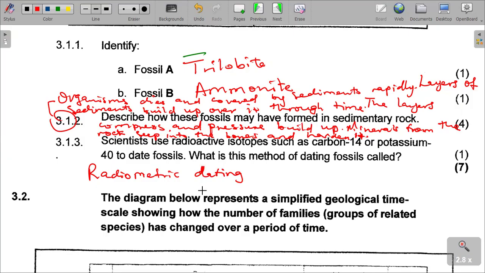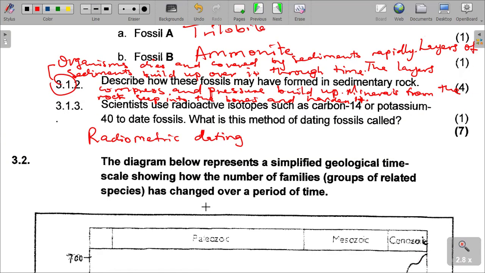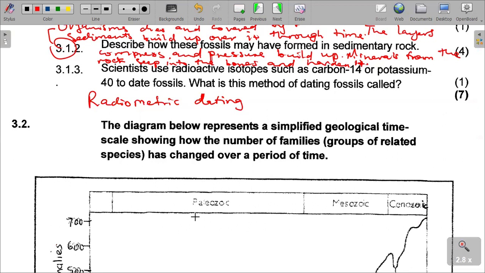The diagram below represents a simplified geological time scale showing how the number of families, groups of related species, have changed over a period of time. So you've got the Paleozoic here, and then we've got the Mesozoic and the Cenozoic.